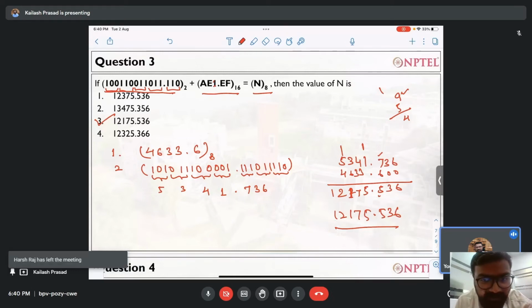Here, what I have done is converted it into octal, and then I've calculated the final answer. A couple of things to keep in mind: if there are no numbers here, you just put 0. Similarly, when we were converting, there were no numbers because it required 3 numbers, so you can put 0. Then you convert everything into octal, and you can perform the addition in octal.